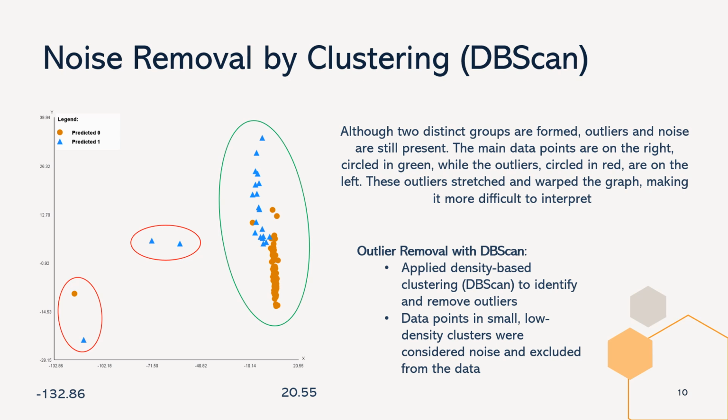As a result, I applied DBSCAN, which is a density-based clustering algorithm. DBSCAN is usually used to identify large cluster groups. However, I repurposed it to identify data points in low cluster groups and review them as outliers. So data points in small, low-density clusters, such as the data points circled in red, are considered to be noise and then removed.